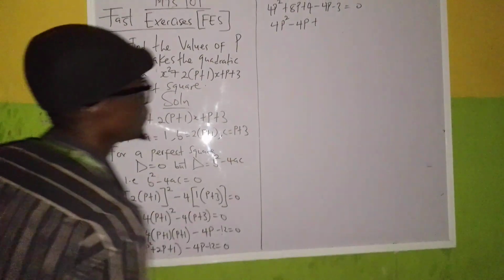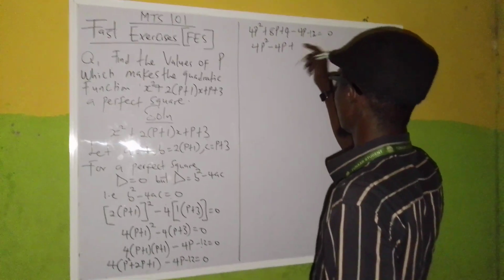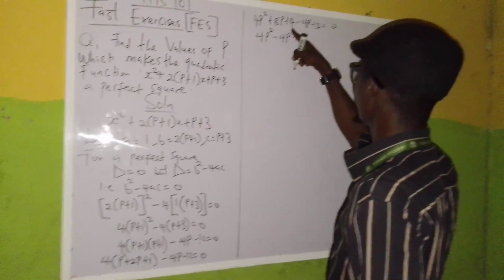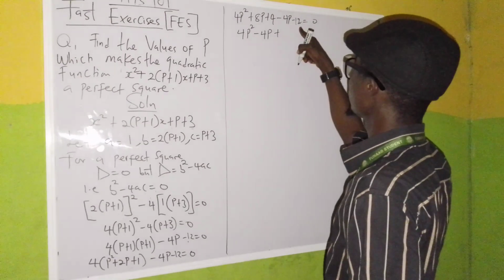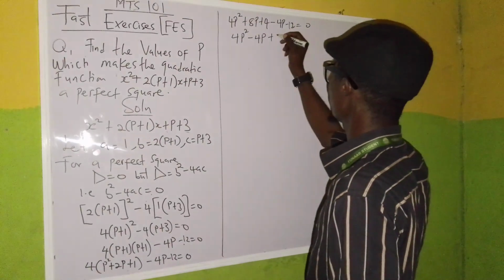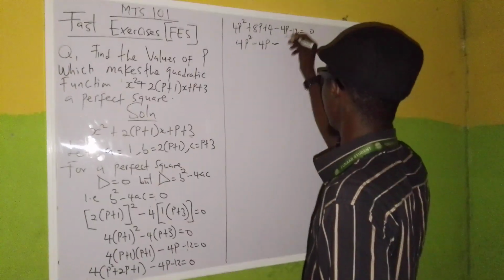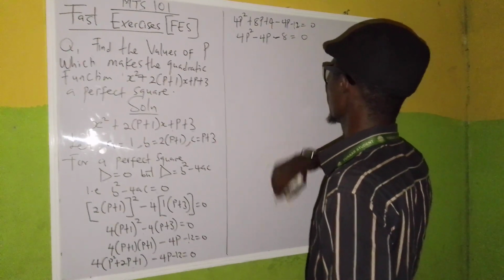Alright. Sorry, I've made the correction for that. So this is 4p plus 4 minus 12. Alright. Plus 4 minus 12, we are having minus, that's 8. Good. Equals to 0.